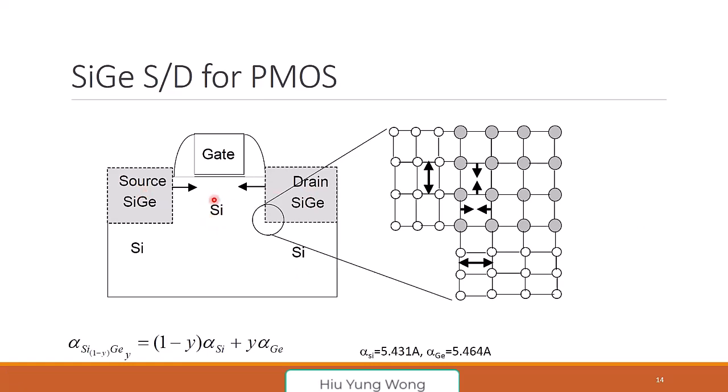So you see that this is silicon. Instead of source strain silicon, we have silicon germanium. Germanium is a larger atom than silicon. This is called the atomic or the lattice constant. Because they're more bulky, they need more space, right?